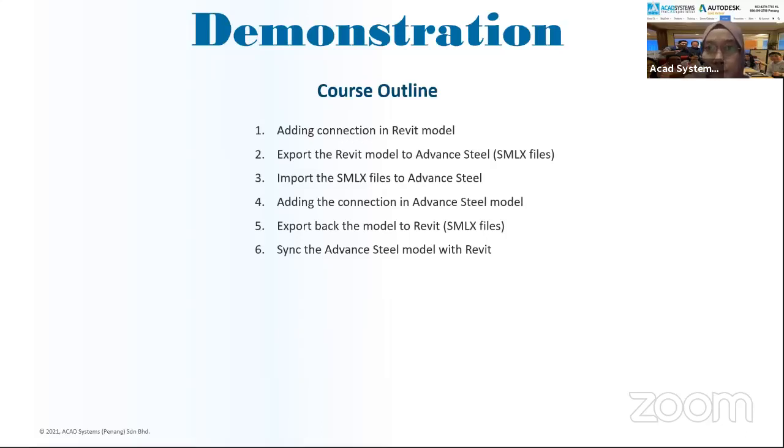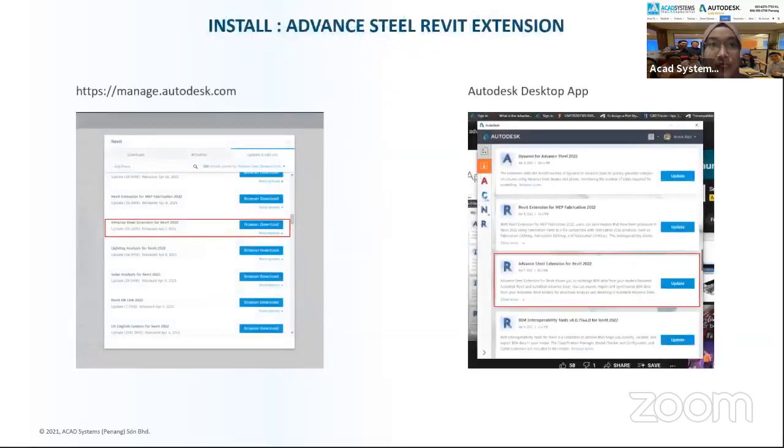All right. In order to use these features, which is to export the model between these two software, Advanced Steel and Revit, we need to download or update the Advanced Steel extension for Revit.